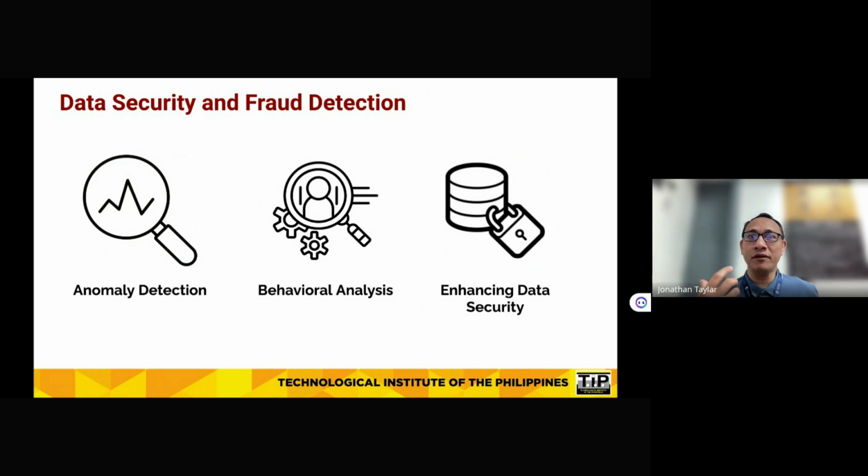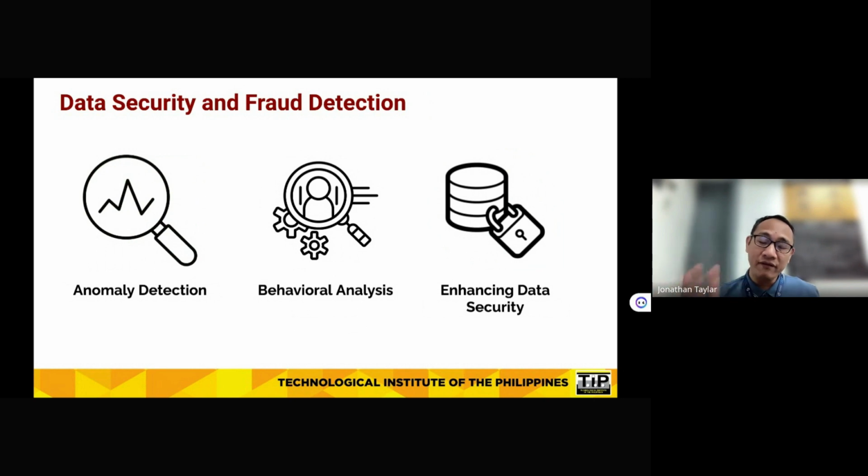It helps in preventing fraud by identifying unusual transaction patterns, or identity theft based on user behavior in financial transactions or online activities. It also detects insider threats by monitoring employee activities, access privileges, and data usage to identify suspicious behavior or policy violations within organizations.